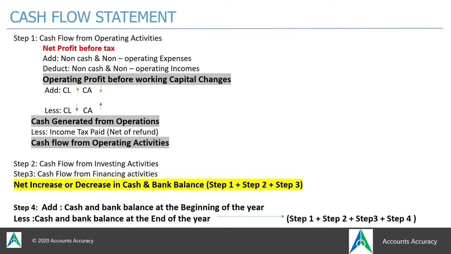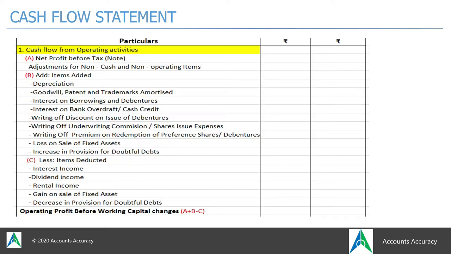Just see how the net profit before tax is calculated with an example. Here you can see the format of the cash flow statement where the operating profit before working capital changes is calculated. This is a lengthy process, as I told. We have to do 3 steps before calculating the operating profit before working capital changes.